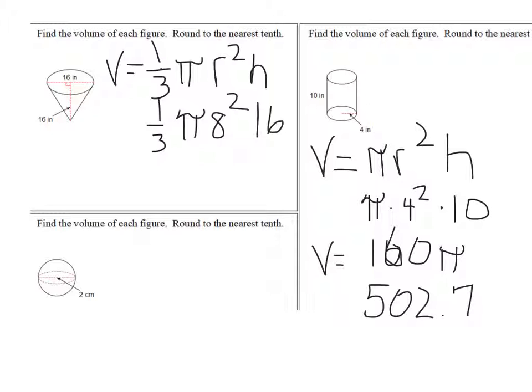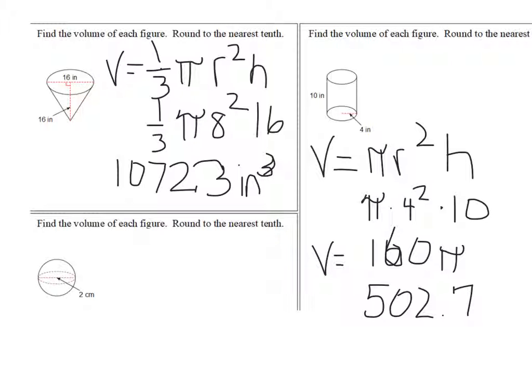But we're asked to round to the nearest tenth, so we get 1,072.33. The second 3 tells me to stay the same. So I say 1072.3, and I didn't do this on the last one, but we should say it is inches cubed, because that's how we express volume.